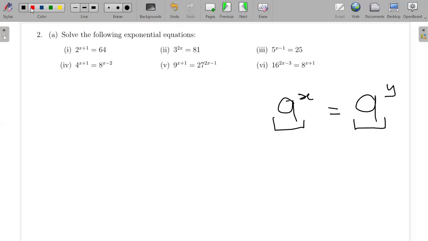So according to the laws of exponents, if the bases are the same, then it means the powers should also be the same.